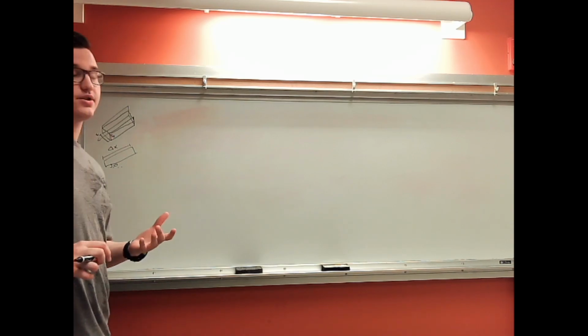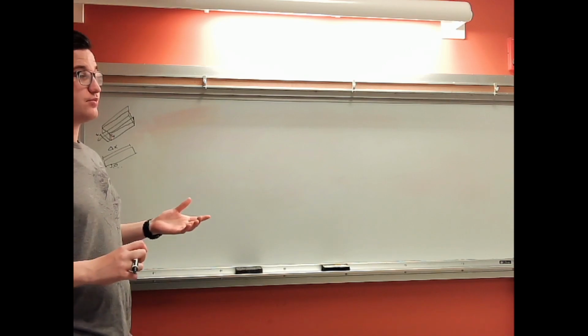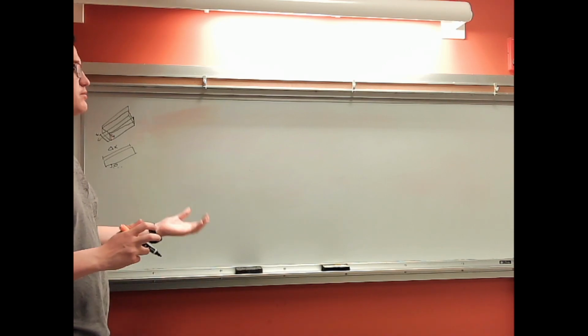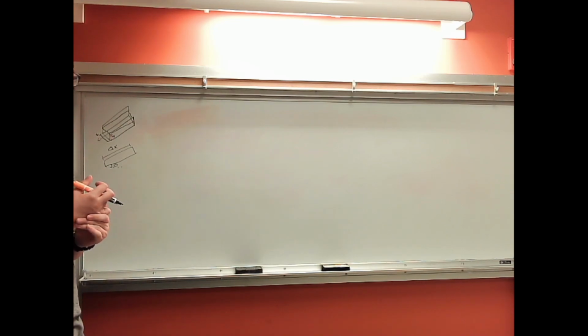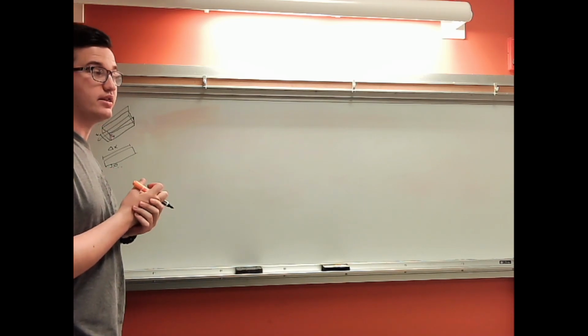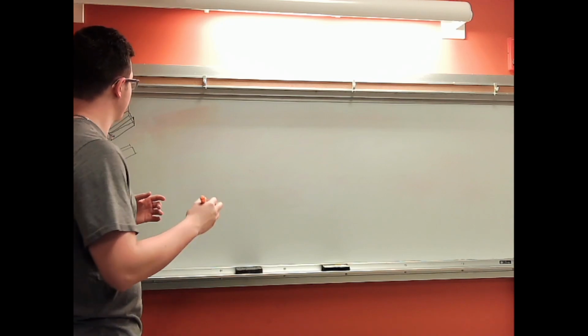So, as with most cases when we're doing fluid dynamics, we're going to start with Bernoulli's equation. We've already fully derived the version that we're going to be using in another video.